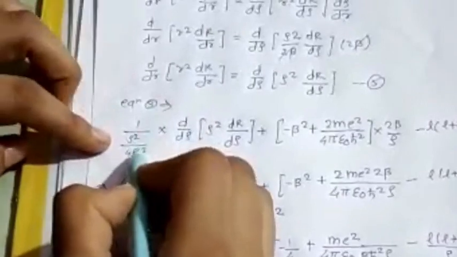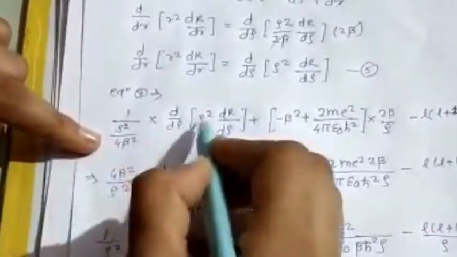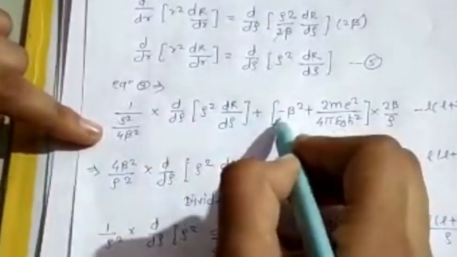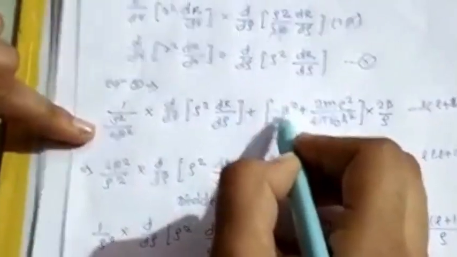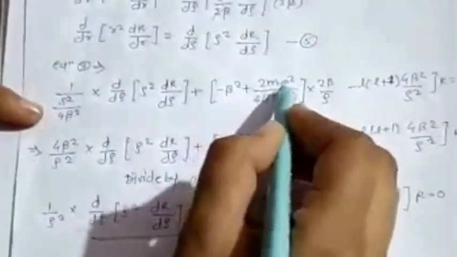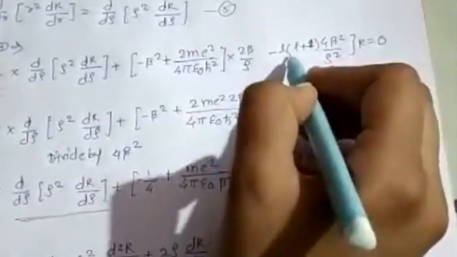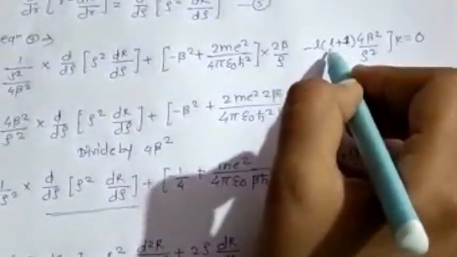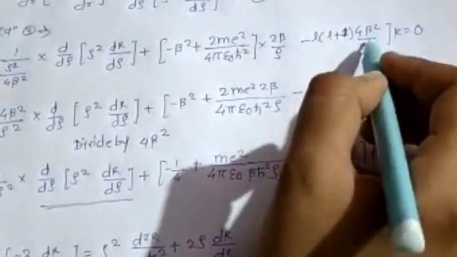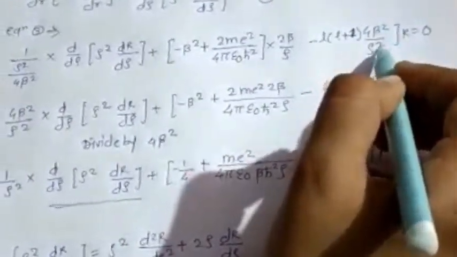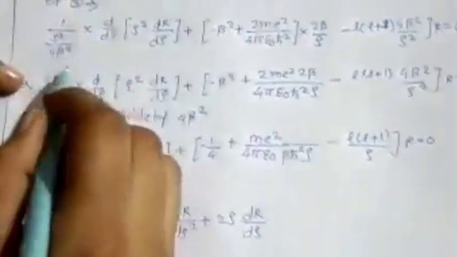Now we have to put this value. Here we can write this value, that is 1 upon rho square 4 beta square into d by d rho of rho square dr upon d rho plus in bracket minus beta square plus 2me square upon 4 pi epsilon naught h cut square into 2 beta rho minus this term as it is, that is l into l plus 1, and here we are substituting the value, that is 4 beta square upon rho square into r is equals to 0.